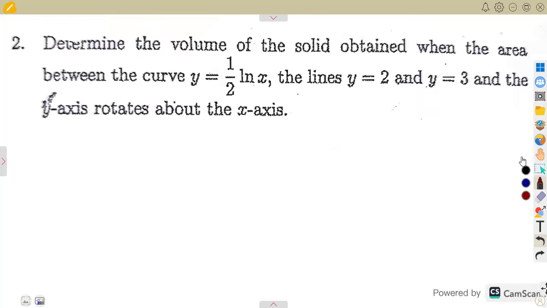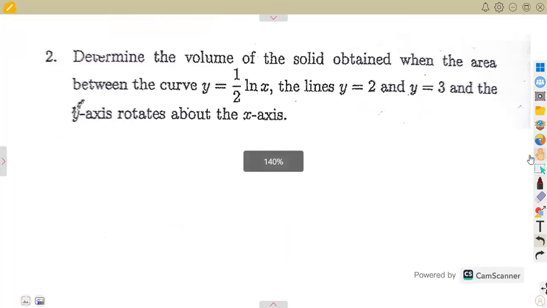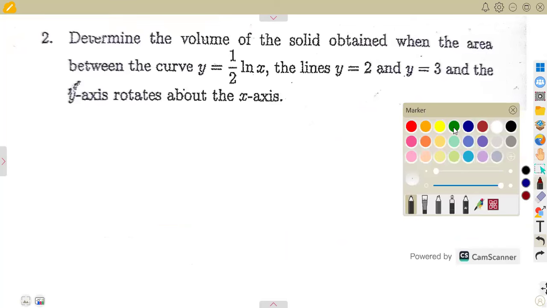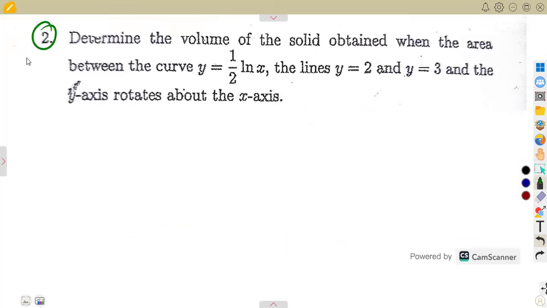This other part here, we're just gonna see where it is applicable to use the best method. Now you know how to use your methods, depending on how the strip is given. Does it correspond or not? Determine the volume of the solid. There's a solid that we have obtained when the area between the curve y is equal to half of ln x, the lines y is equal to 2, y is equal to 3, and the y-axis rotates about the x-axis.